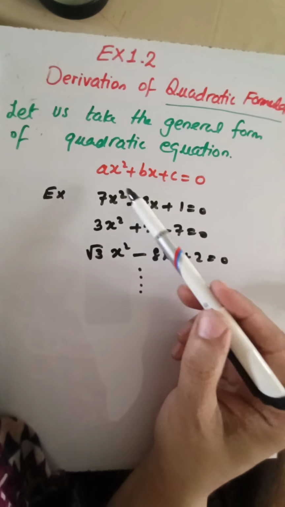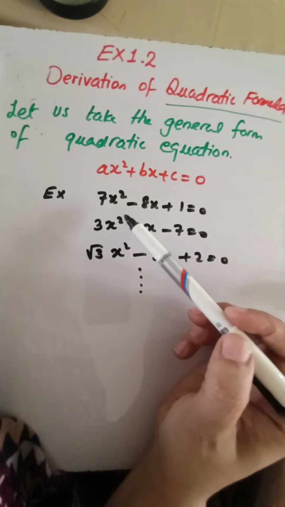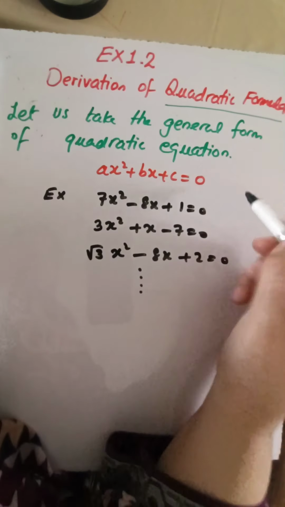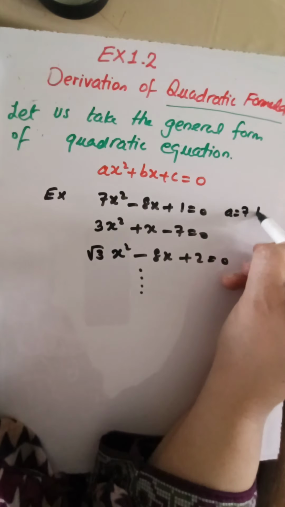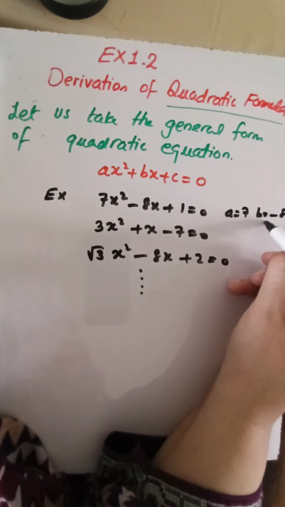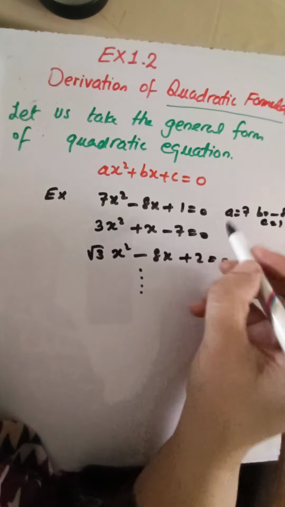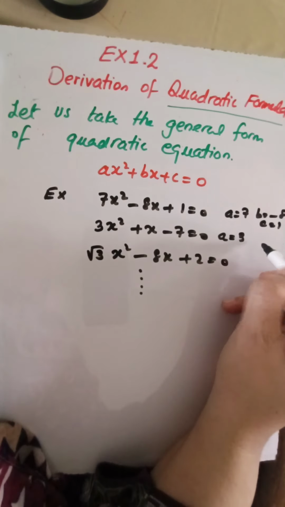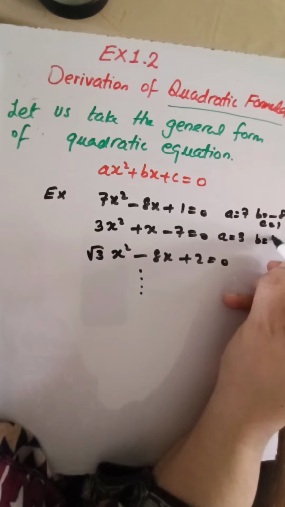If you look at all the quadratics, the only difference between them is that of the coefficients. Over here the coefficients are a is equal to 7, b is equal to negative 8, and c is equal to 1. In this equation the coefficients are a is equal to 3, b is equal to 1, and c is equal to negative 7.